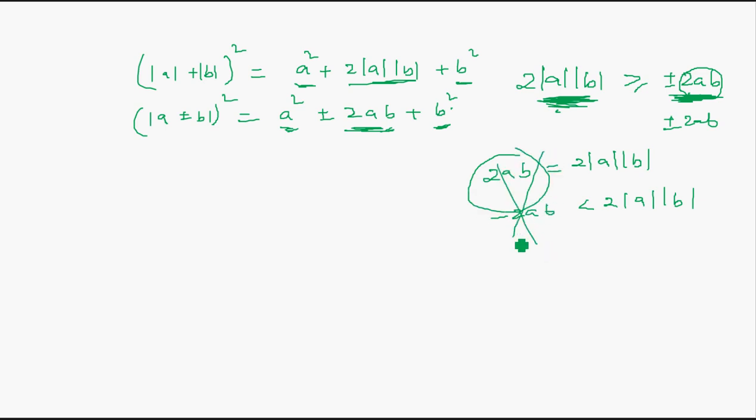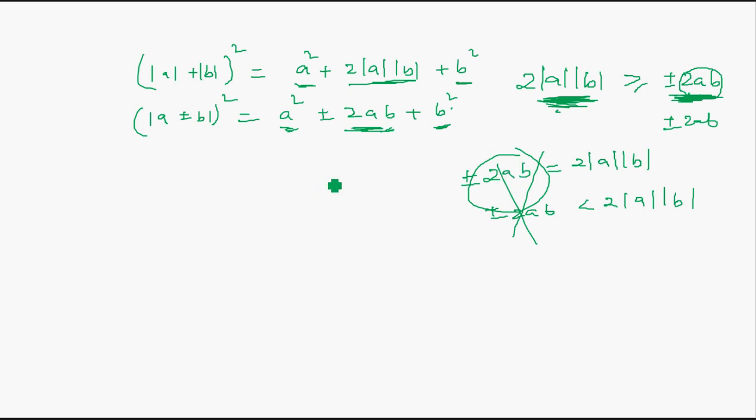Here I could take plus or minus, but for easy understanding I have taken this. So if plus or minus 2ab is positive, it will be equal to 2 of mod a mod b. If it is negative, it is less than 2 mod a mod b.